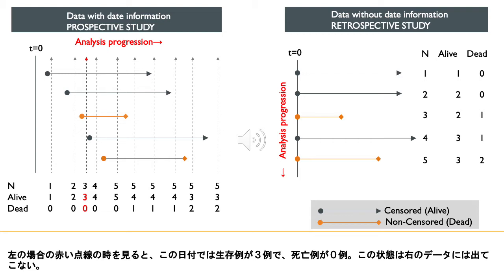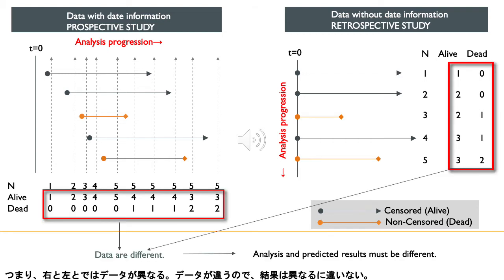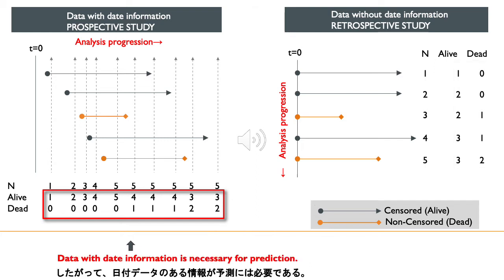This condition does not appear in the data on the right panel. In other words, the data is different between the left and the right. Since the data is different, the results must be different. Therefore, information with date data is necessary for prediction.